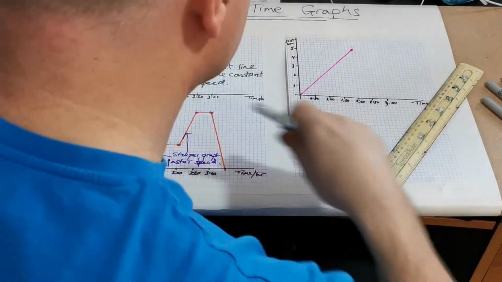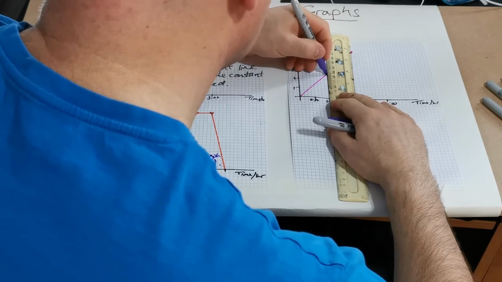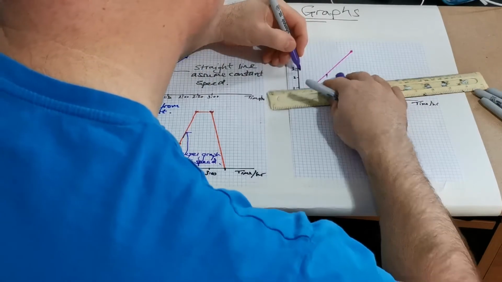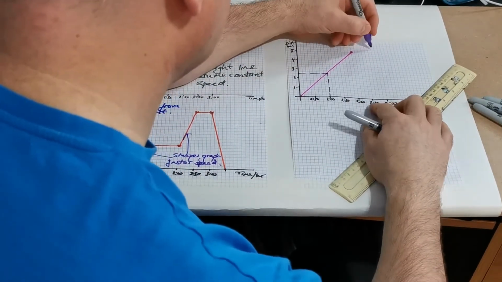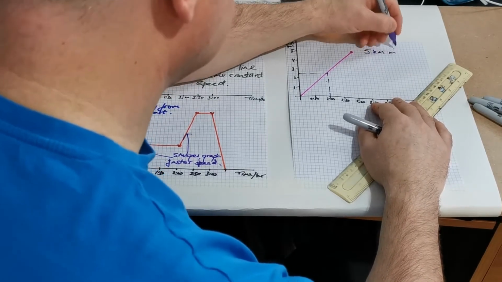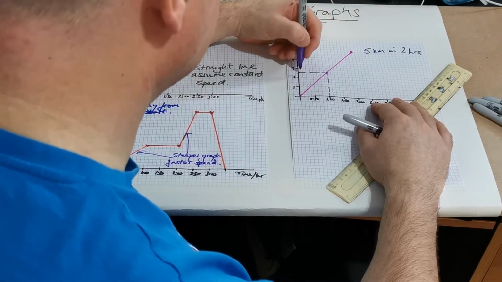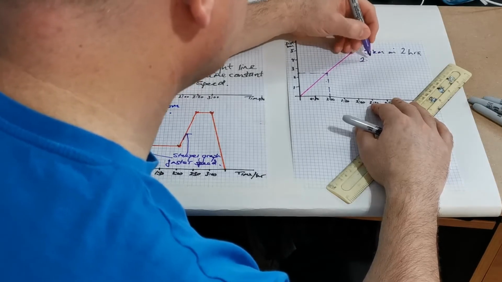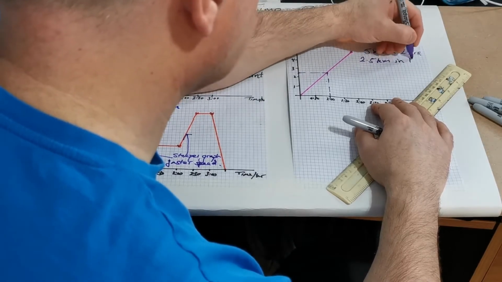Because that's directly proportional, if I'd have drawn this well, which I've not done a bad job of, so I've got 5 kilometres in 2 hours, but also because of the direct proportion within that, I've travelled 2.5 kilometres in 1 hour.